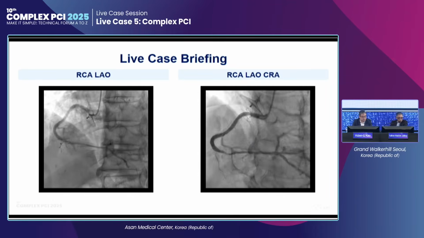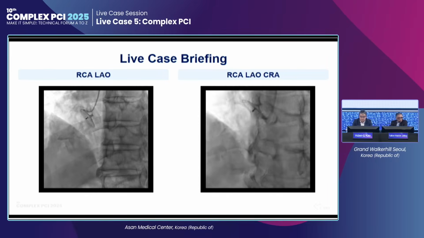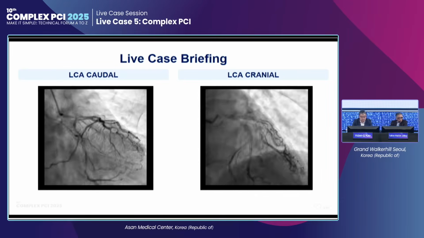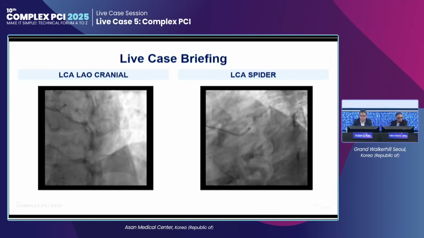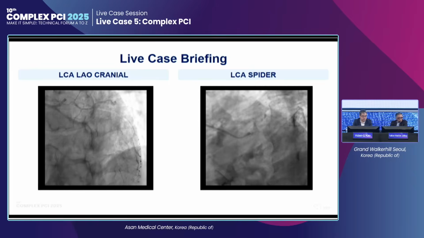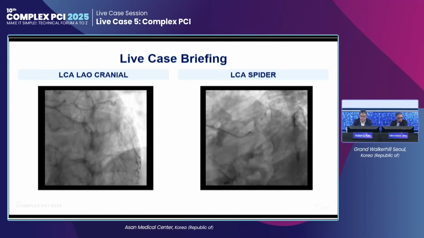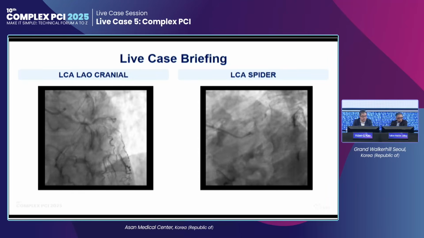The coronary angiogram showed distal RCA significant stenosis, and the caudal view showed diffuse circumflex artery stenosis. The left angiogram showed severe calcified lesion from distal main to proximal LAD, which is consistent with bifurcation disease.